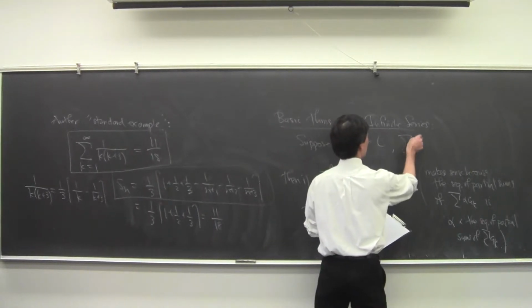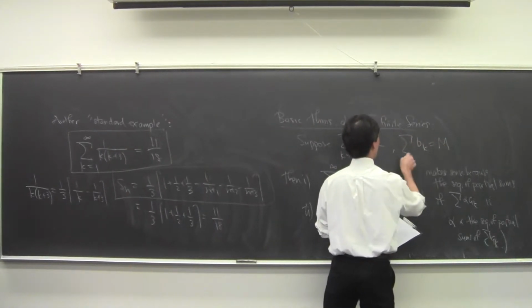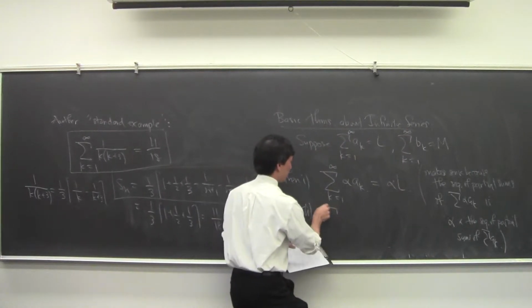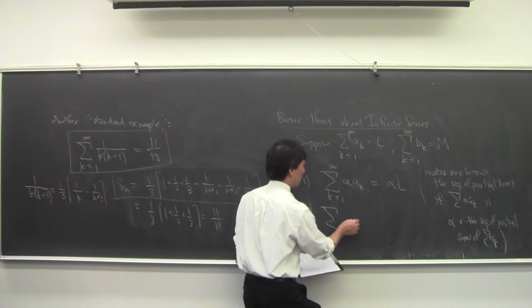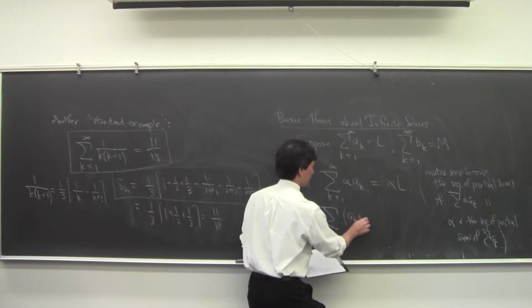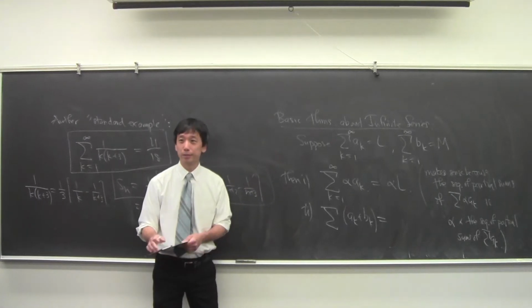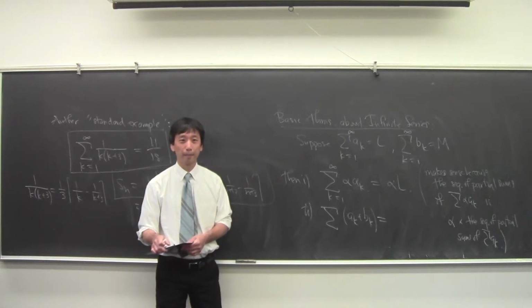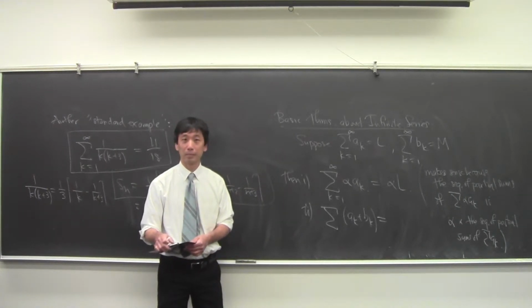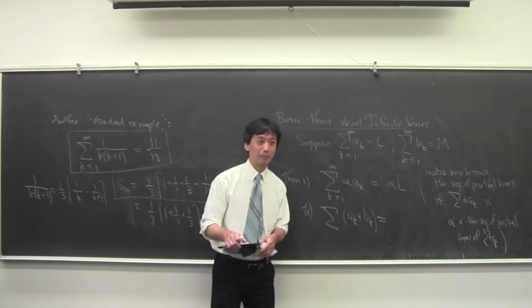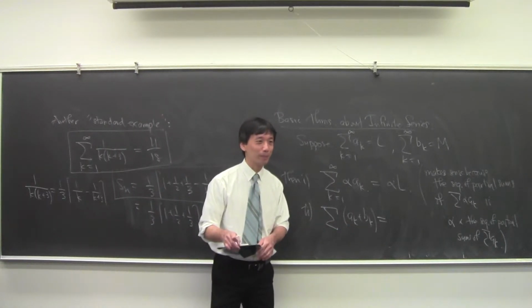If you have another sequence, B sub k, that converges to M, then the sum of these is going to be what? Tanima?